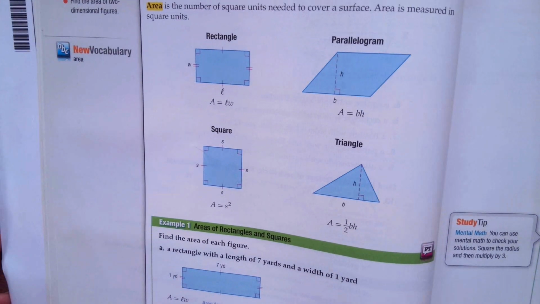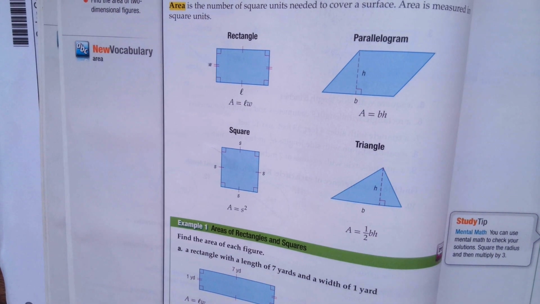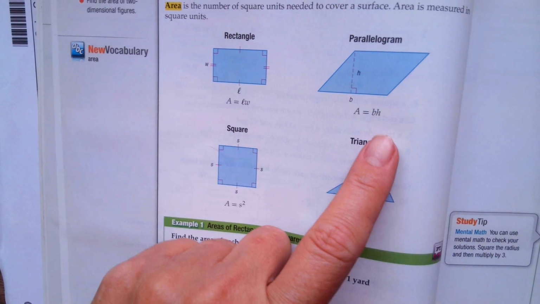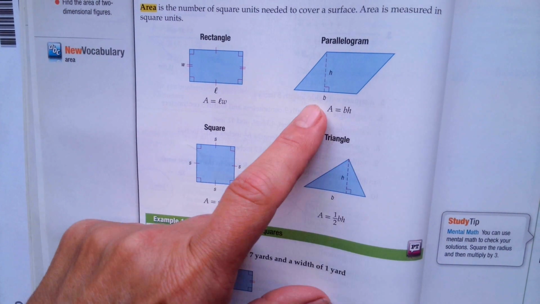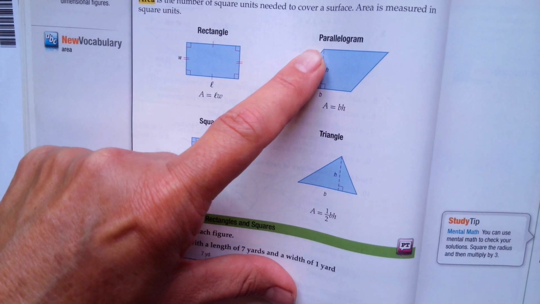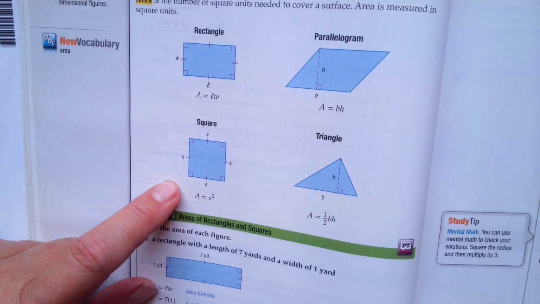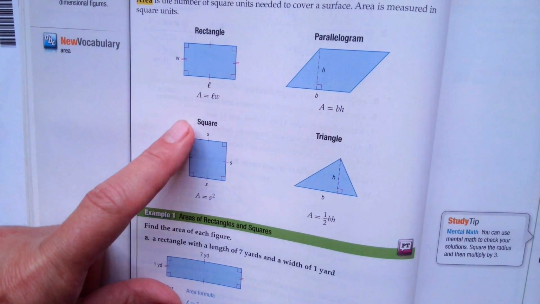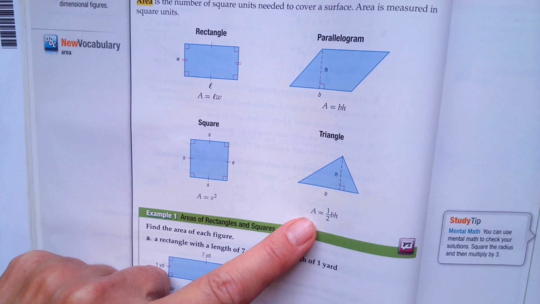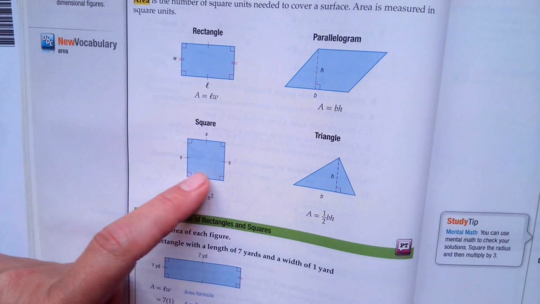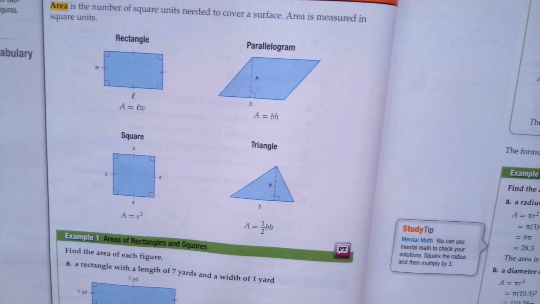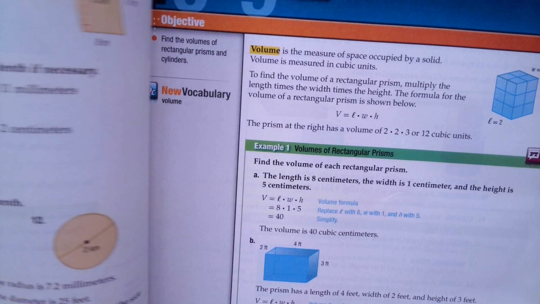Area of a rectangle equals length times width. Area of a parallelogram equals base times height. Here is the base, this is the height. Square equals side squared. Each of these are a side. And area of a triangle equals 1/2 base times height. I won't go over how to do that because I'm pretty sure you know how.